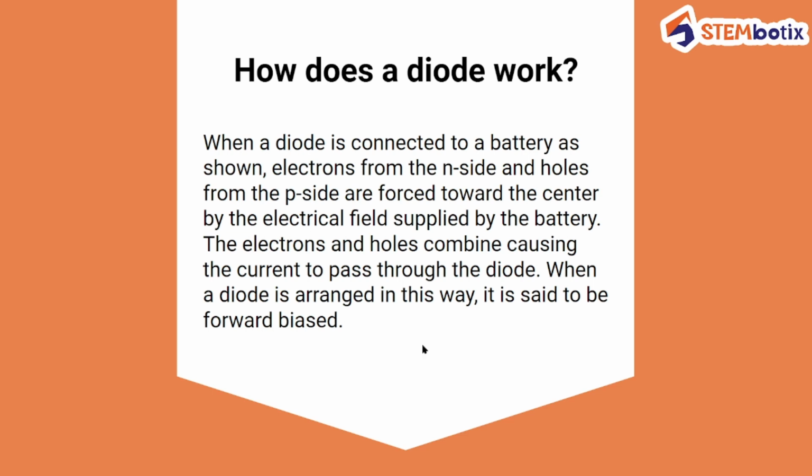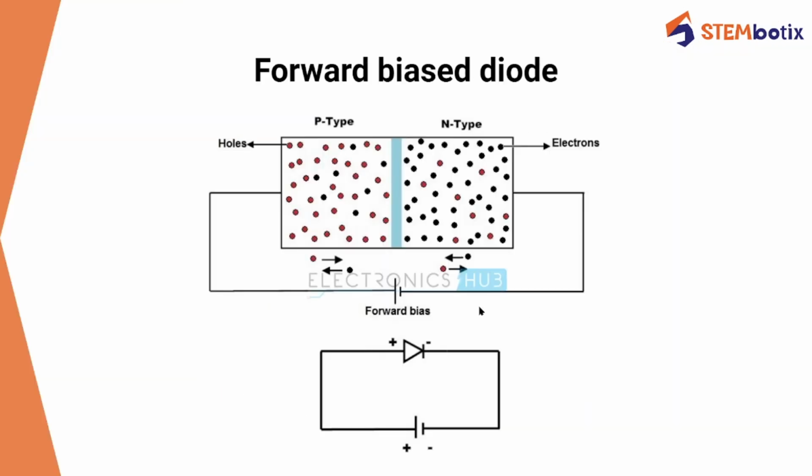When a diode is connected to a battery, see here, this is the battery. This is how a battery is represented in a schematic diagram. The longer vertical line represents the positive terminal, while the shorter vertical line represents the negative terminal of the battery.